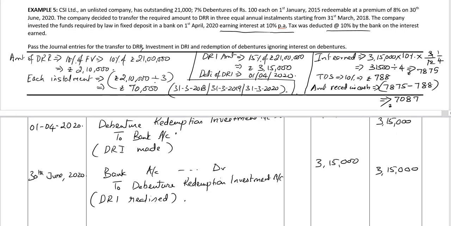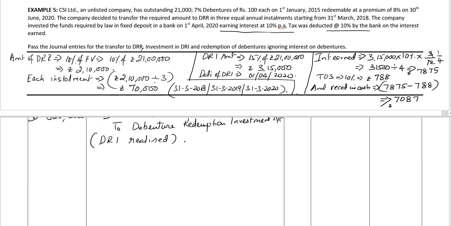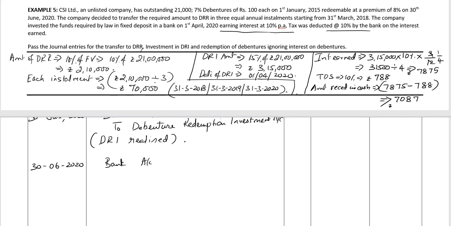So let's pass the journal entry for receipt of interest earned. The date is the same, 30th June 2020. Bank account debit. The amount received after deduction of TDS, 7,087 rupees.